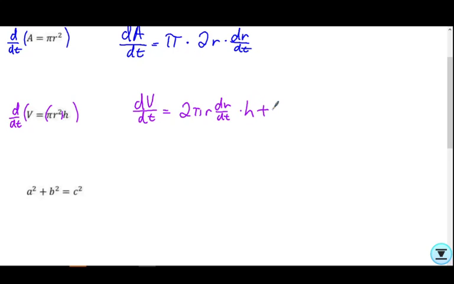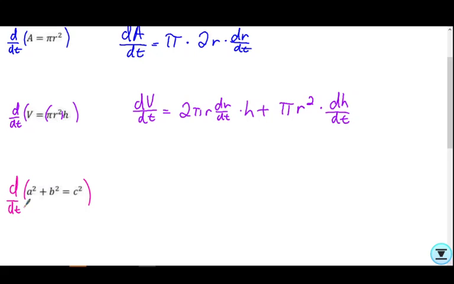Since I have to do product rule here, that's the derivative of the first. And then the derivative of h is dh over dt. Now, some people would take out the common factor of pi and just get pi and then parentheses with everything inside. Either way is acceptable.